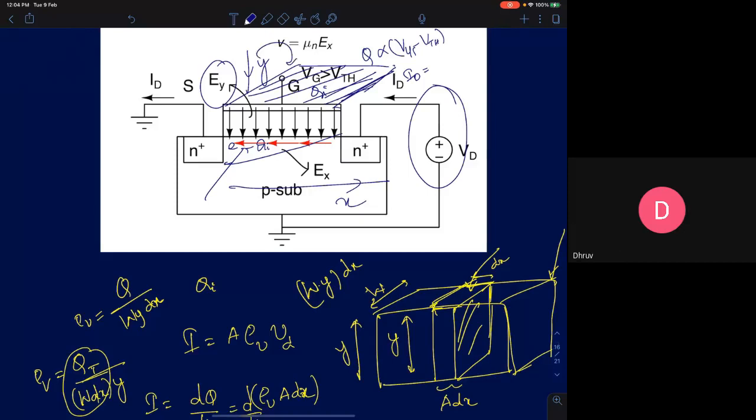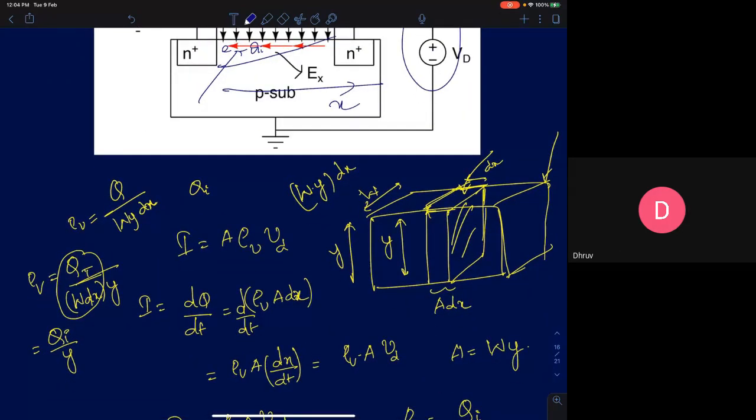What is the cross sectional area here? Can I say it's W dx? Yeah, it's W dx. So this I can write as Qi, the inversion charge, divided by y. W into dx is the area, Q is the total charge, divided by W dx, that will give me the inversion charge, which is charge per unit area. Inversion charge units are charge per unit area.